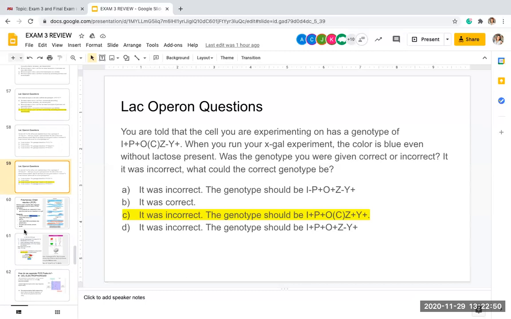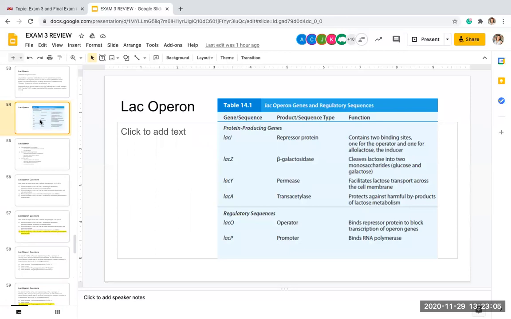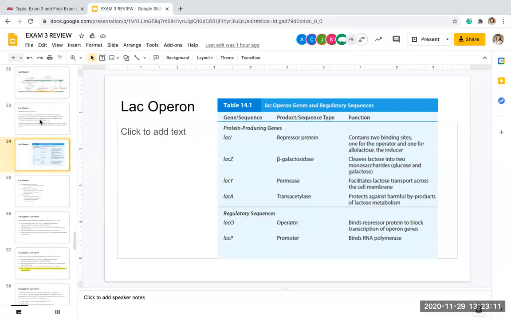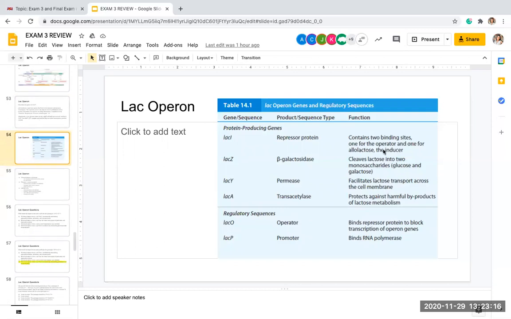What do you mean by a super repressor mutation, Ainsley? The one where it always binds, or oh wait, maybe I'm wrong. That's where the allolactose binds to the thing that binds to the operon that initiates it, right? Oh wait, no, so that would be blue. Okay, I think I'm just remembering it wrong. Okay, gotcha.